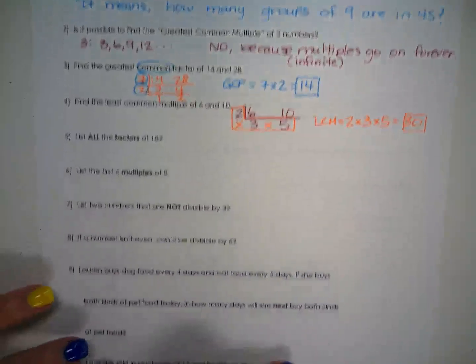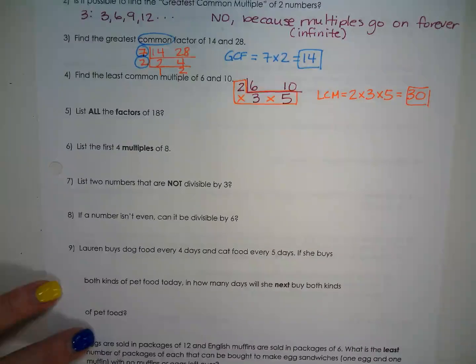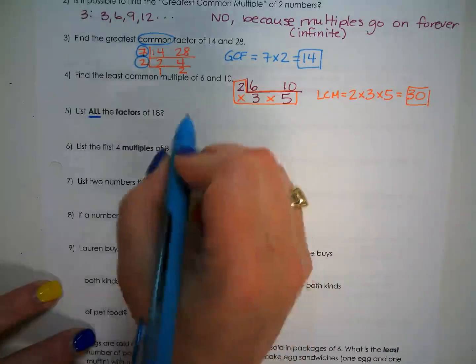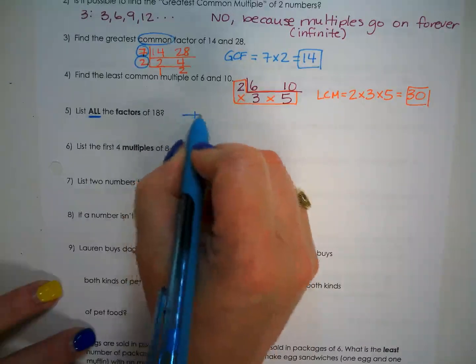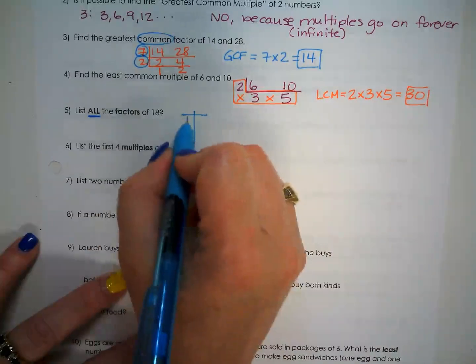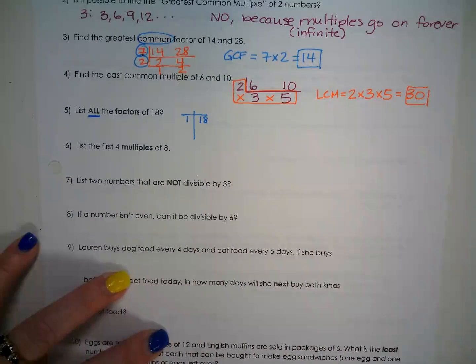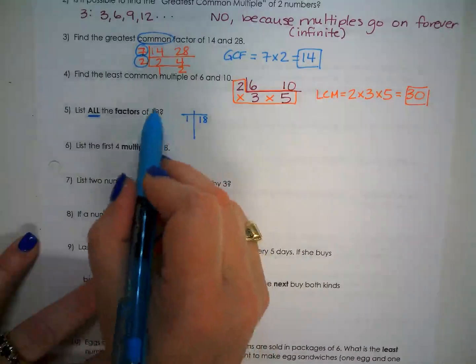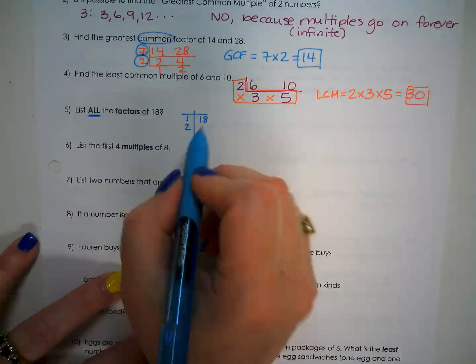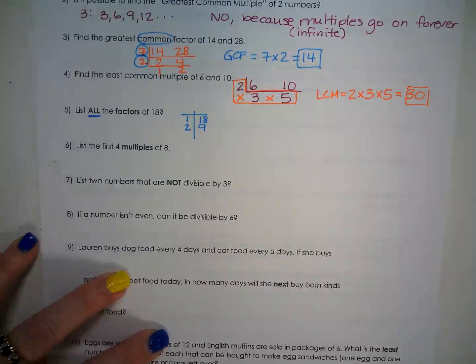Okay. Question number 5 asks us to list all the factors of 18. I'm going to use a table this time because I think you get organized a little bit better. We know that 1 times 18 is 18. 18 is an even number, so I know that 2 goes into that, and 2 times 9 gives me 18.